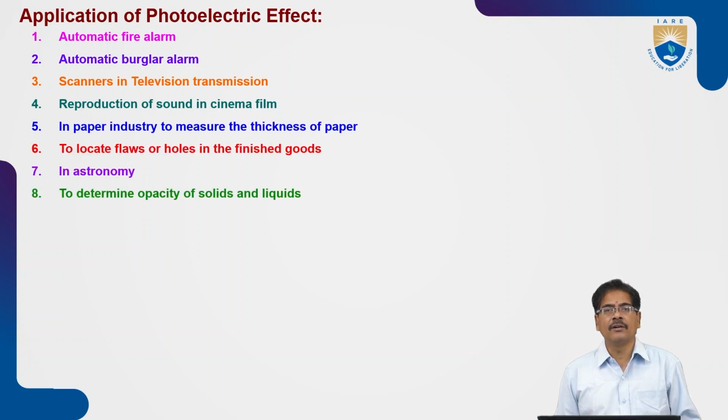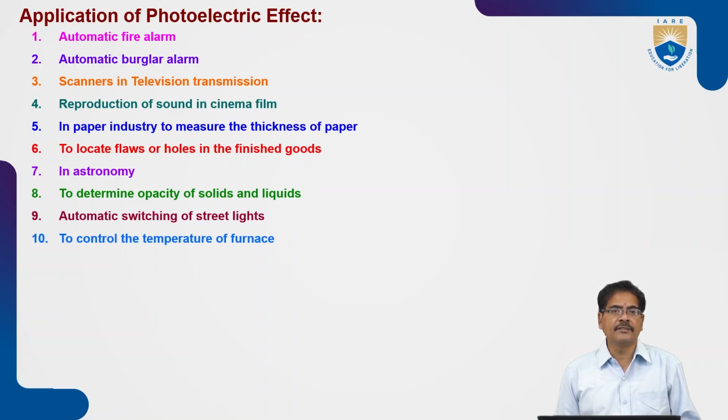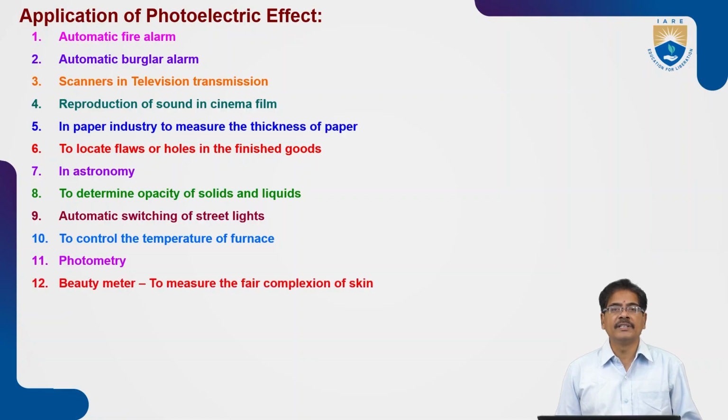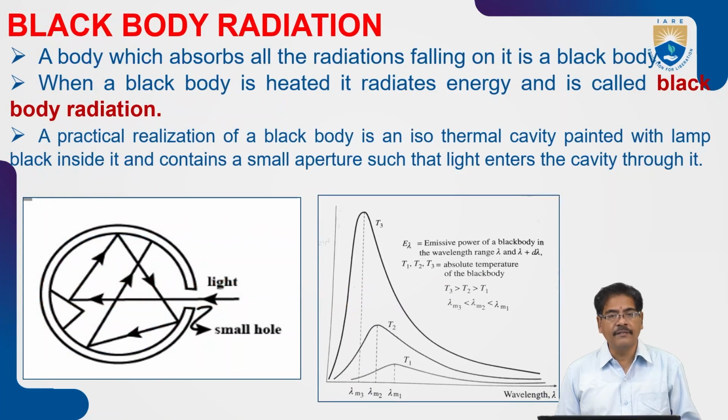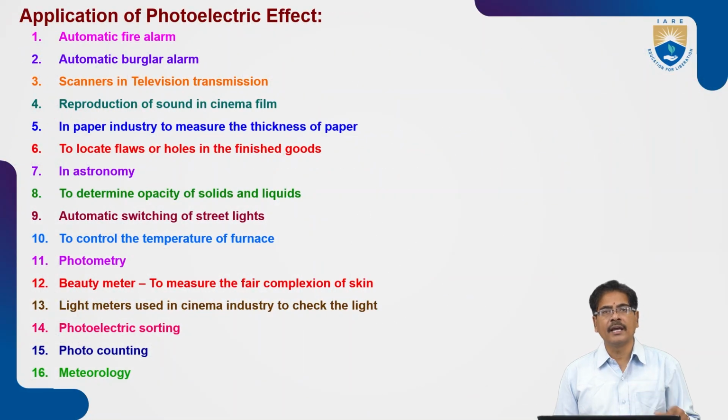It is also used in astronomy and astrophysics to determine the opacity of solids and liquids, automatic switching of street lights, controlling the temperature of furnaces, photometry, the beauty meter to measure the fair complexion of the skin, light meters used in the cinema industry to check the light, and photoelectric sorting, photo counting and metrology. So these are some of the applications of the photoelectric effect.